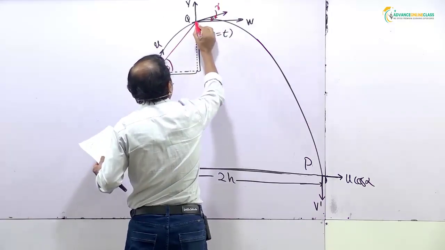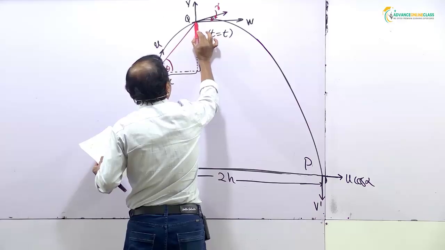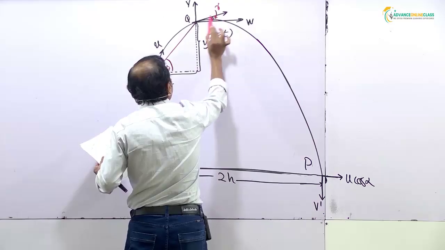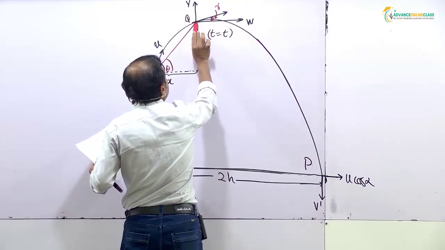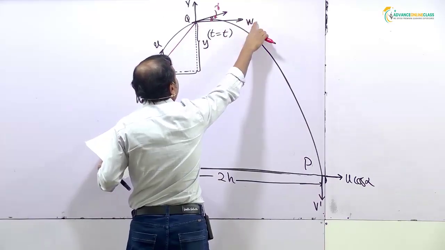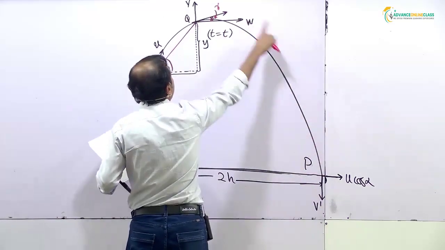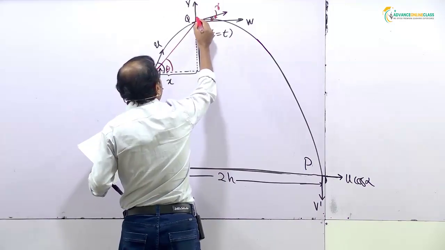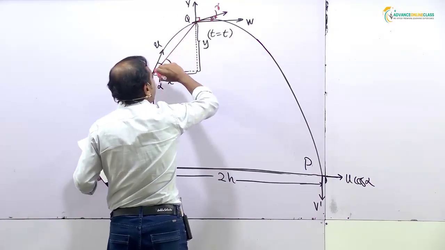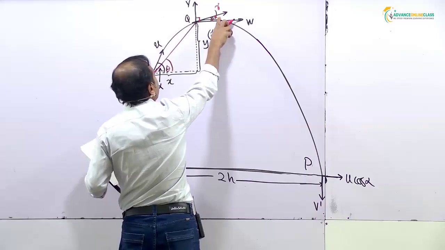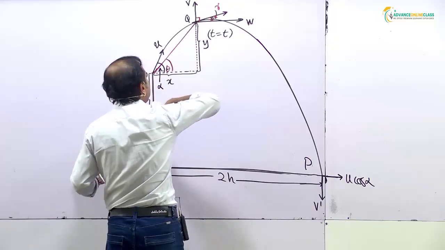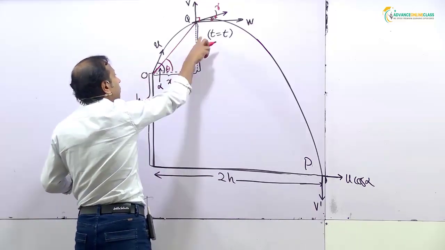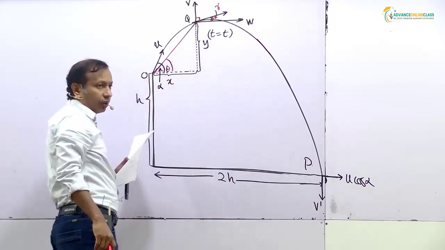That means this is the direction of motion at the point Q. The particle moves along the direction of the tangent. When the particle passes the point Q, it has horizontal velocity W, which is really u cos alpha, and vertical velocity component V; the angle between them is 90. Then we can write tan gamma is equal to V over W, and tan theta is equal to Y over X.